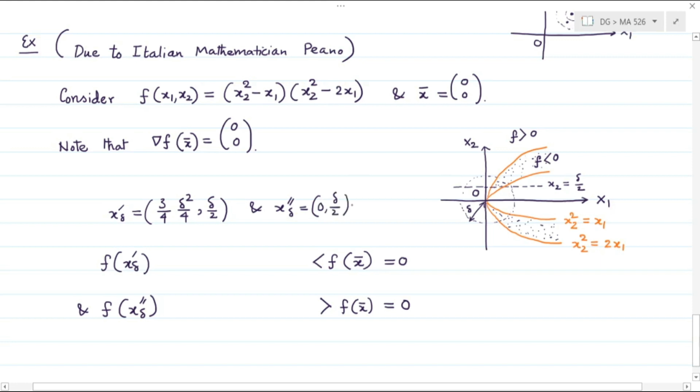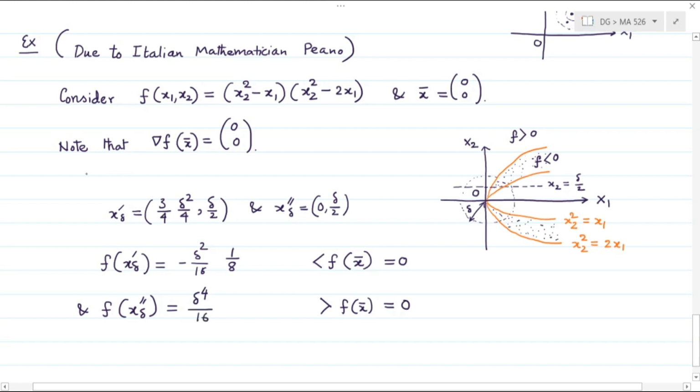Fine. And accordingly we note that the function value at x delta dash is delta square by 16 times 1/8, which is a negative quantity. And for x delta double dash you have delta to the power 4 divided by 16, right, which is greater than 0.